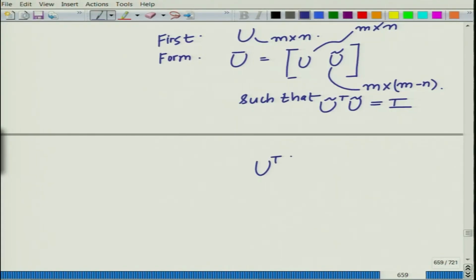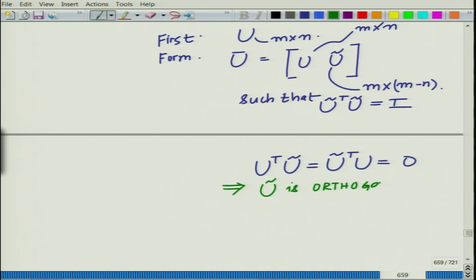So, U tilde transpose U tilde equals identity, and further U transpose U tilde equals U tilde transpose U equal to 0, that is U tilde is orthogonal to U.